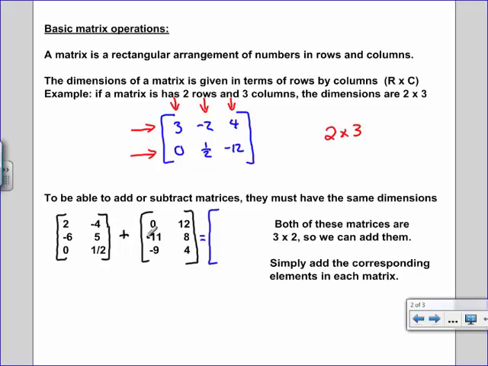So we would go 2 plus 0, 2, negative 6 plus negative 11, negative 17, 0 plus negative 9, negative 9, negative 4 plus 12, 8, 5 plus 8, 13, and finally 1/2 plus 4, 4.5. So that would be your resulting matrix from adding.